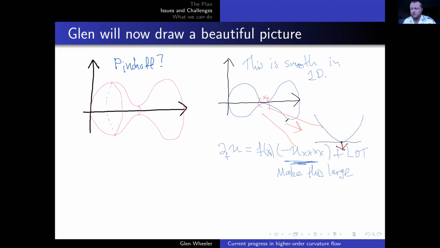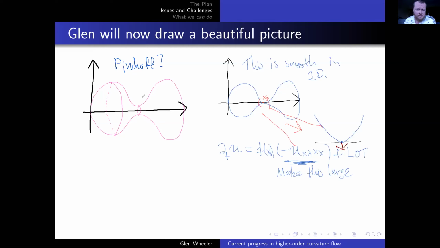So what do we do now? We use continuous dependence on initial data, and we show using estimates that if this is initially separated by a small amount, epsilon, then after waiting some short time, they will cross. That's the idea of Giga and Ito's proof, as far as I understand it. It's also the same idea that Simon Blatt used for his proof for the more general flows.